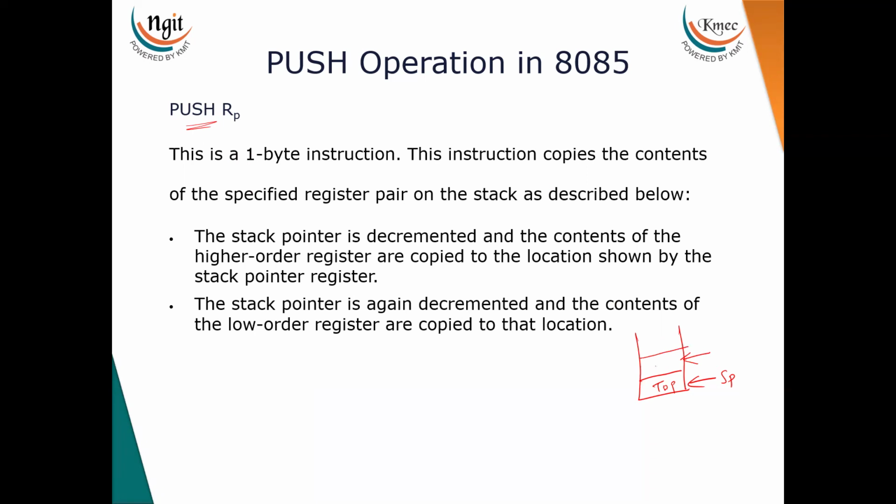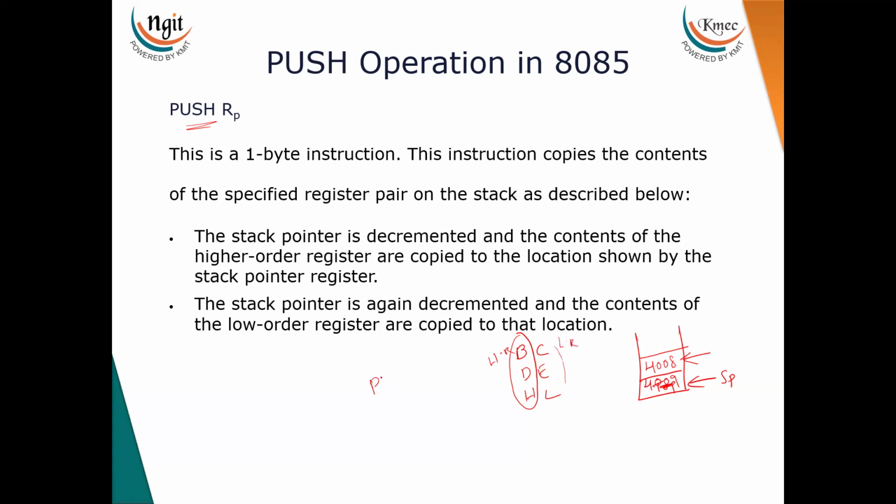For example, if this location is 4009, then it will be decremented by 1 and point to the 4008 location. In this location, the higher register value goes. Now, BC, DE, HL are the register pairs: B, D, H are called the higher registers, and C, E, L are called the lower registers.